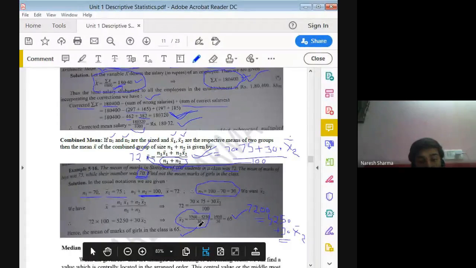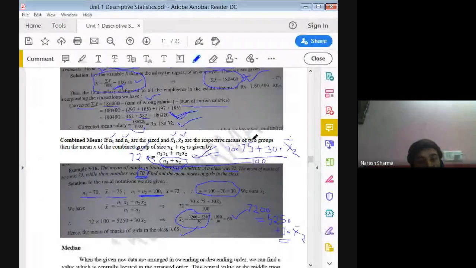girls in the class. So hope you understood the mean topic, in which we can calculate mean for ungrouped data and grouped data. For grouped data, you can choose the normal formula, the step deviation formula, or the other formula. All formulas are technically the same, you get the same mean, so it's your choice which one you apply.